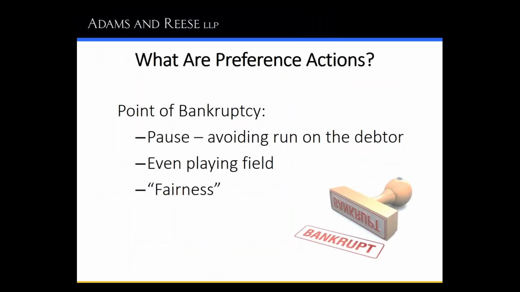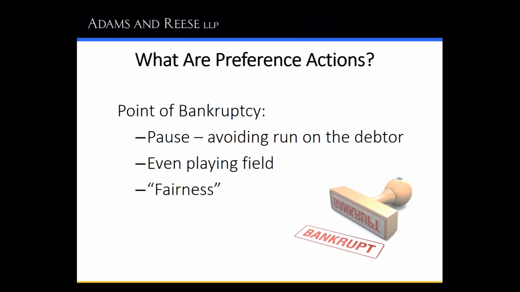Thanks, Angela. Let me start by talking about the bankruptcy court system, because it's only in the bankruptcy court system that these particular issues of preferences and fraudulent conveyances come up. Bankruptcy courts were created by Congress, and Congress was assigned the responsibility for creating the bankruptcy system by the Constitution.